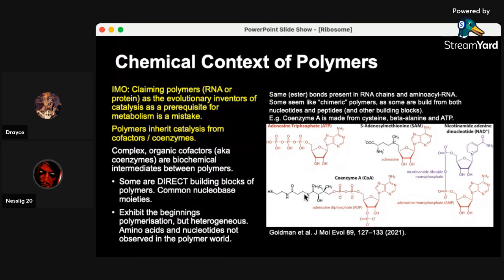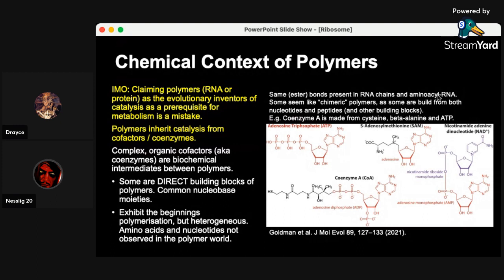So some cofactors are like polymers between both RNA nucleotides and amino acids. For example, coenzyme A is built from cysteine, ATP, and beta-alanine, a form of alanine that is normally not found in the genetic code. In the genetic code it's alpha-alanine, a different isomer. And in these cofactors you have similar chemistry, like the same ester bonds that are present in RNA chains and the aminoacyl transfer.